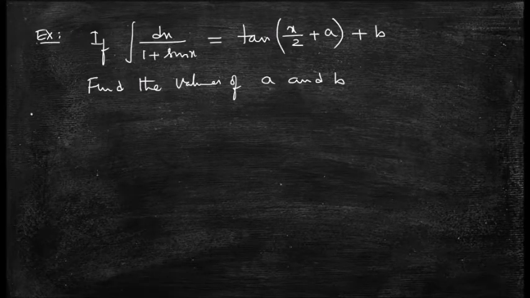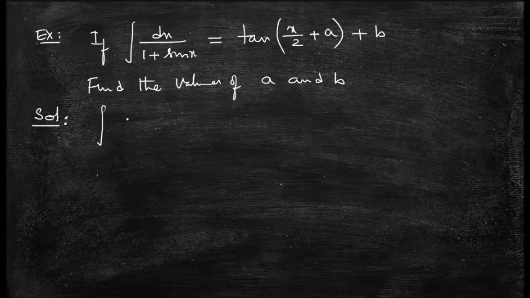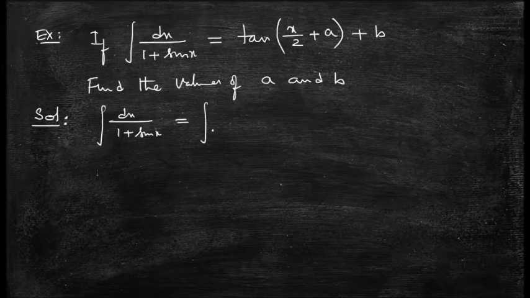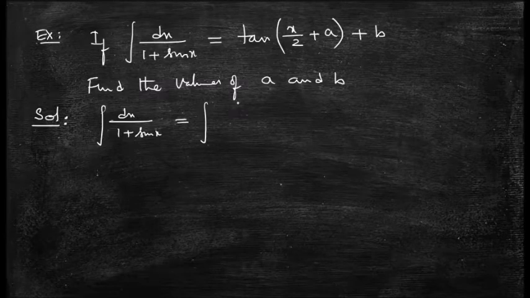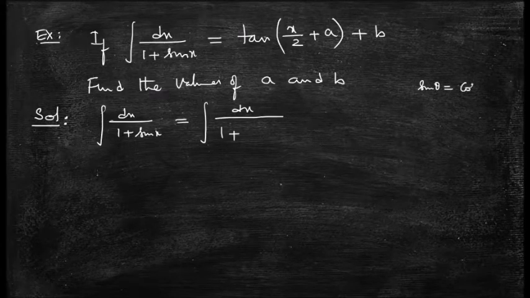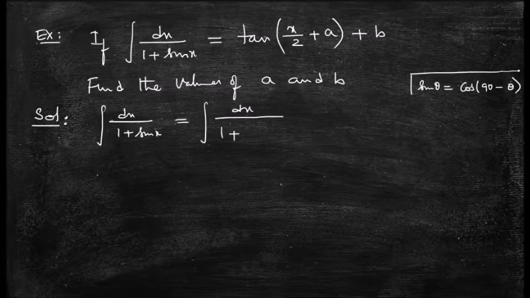So I'm just taking it like this. Integration of dx by 1 plus sin x is equal to the integration of dx by 1 plus, where sin theta is equal to cos (90 minus theta). Shall I replace this?